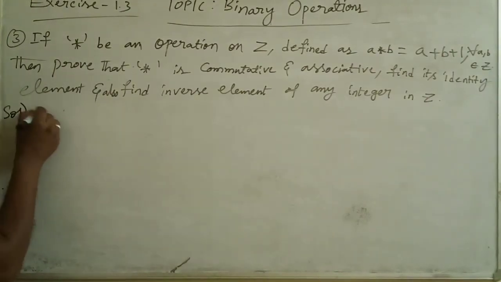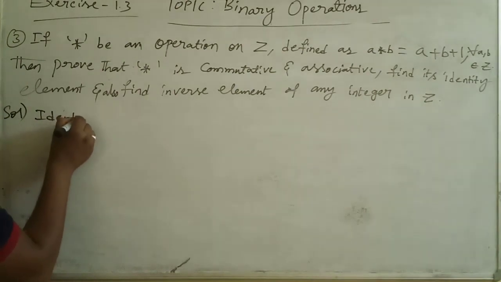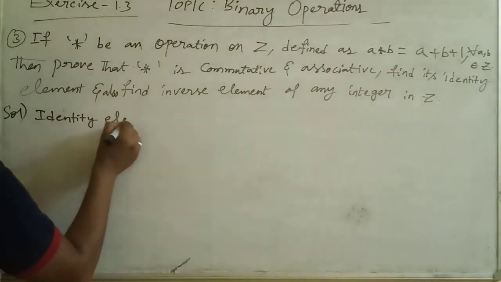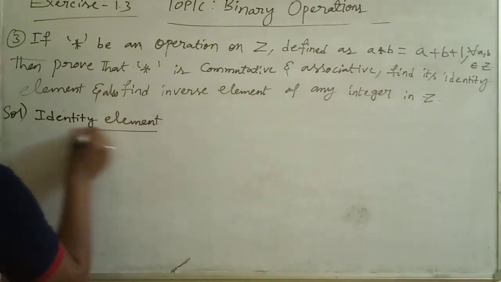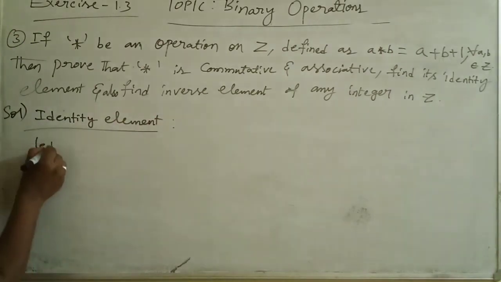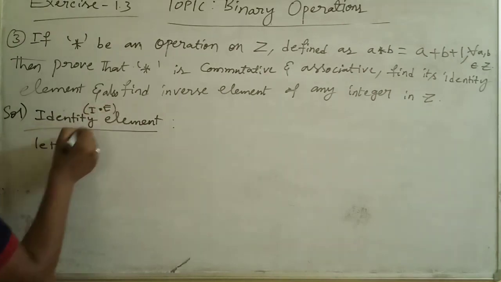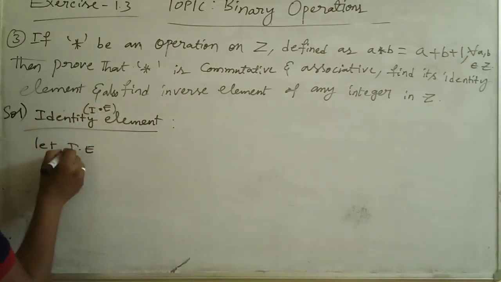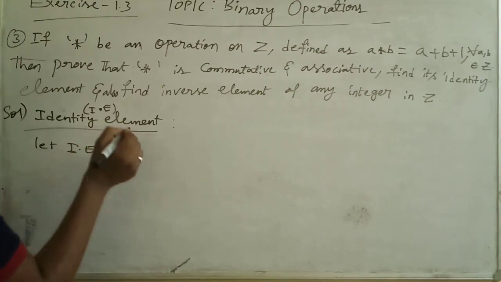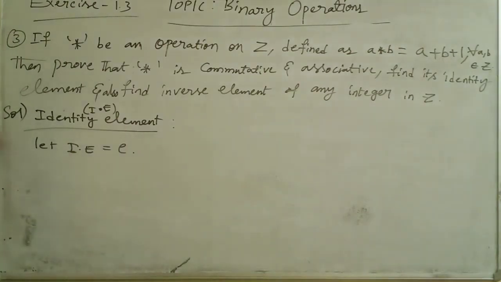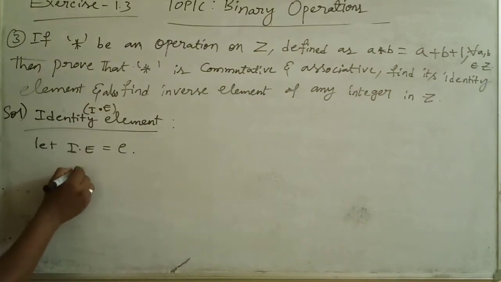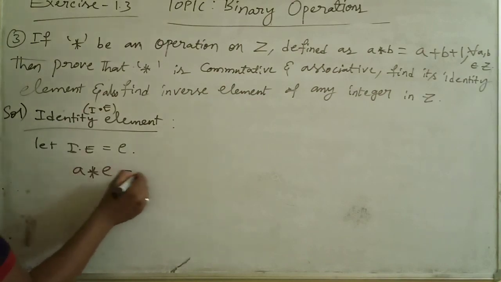So for identity element, let the identity element be E. Then you know the identity element property. According to that, we can say that A star E is equal to A.